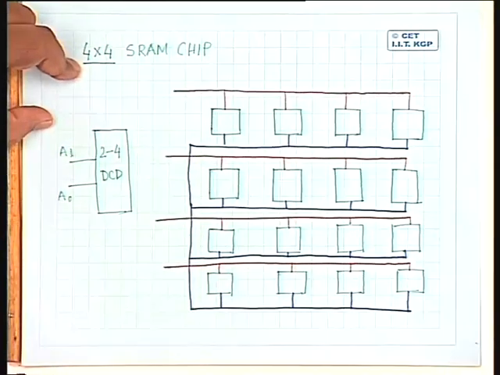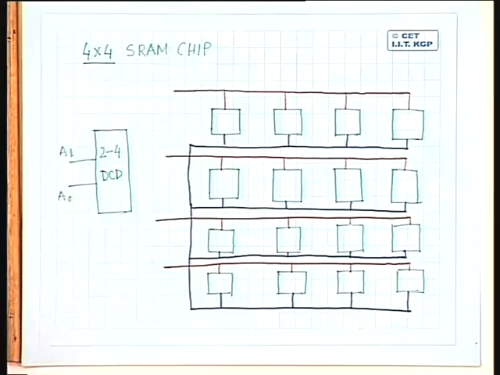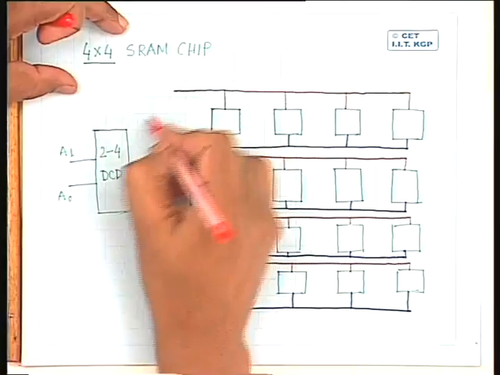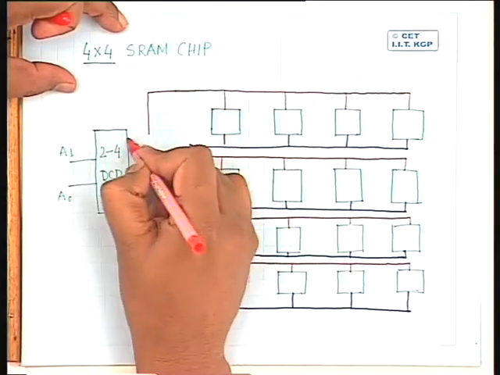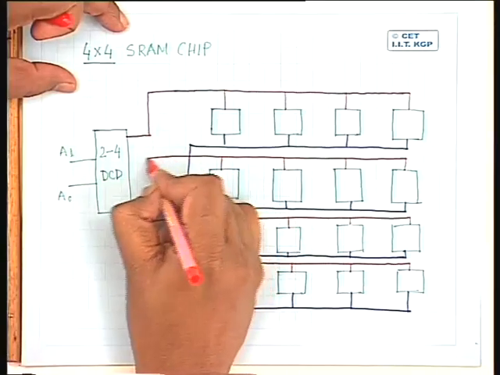These are the address lines. Different outputs of this decoder can be used to select different rows in this memory array.